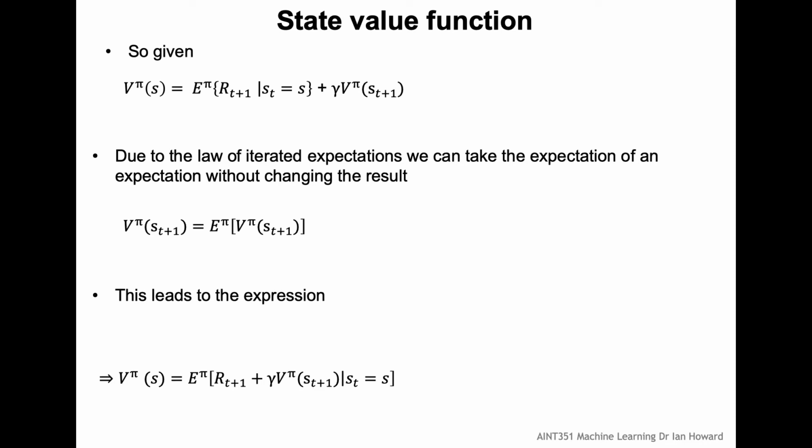Because of that, we can take the expectation operator outside and put both terms within it, leading to this expression here. So we've got the expected value of R_t+1 plus gamma times the value function at S_t+1, for state equals s.